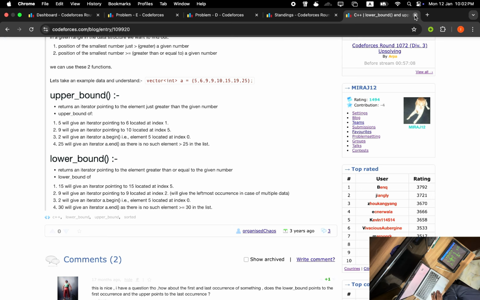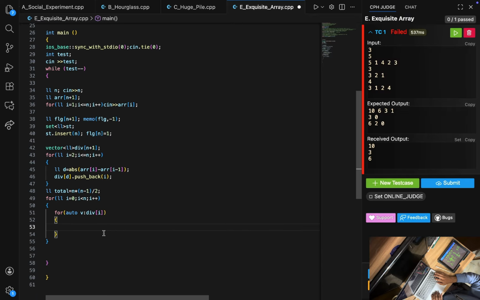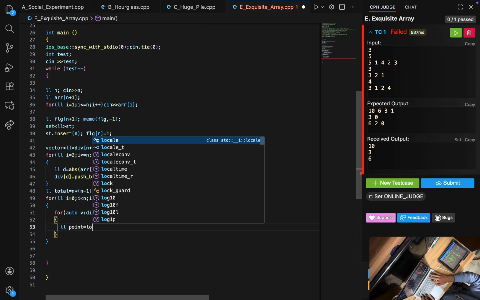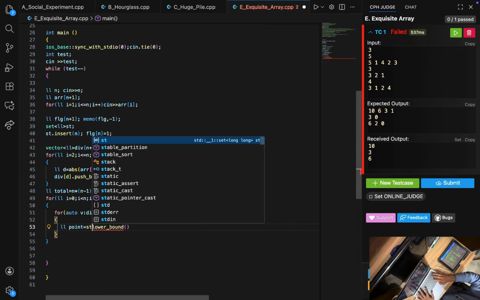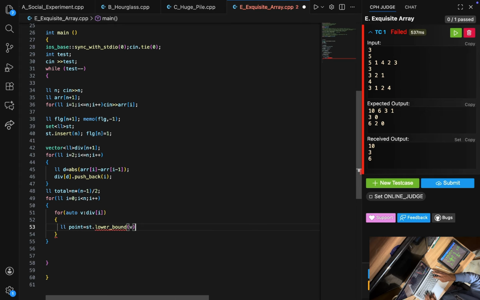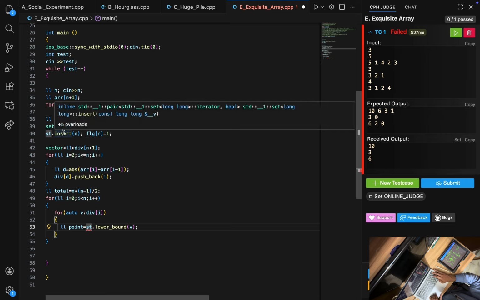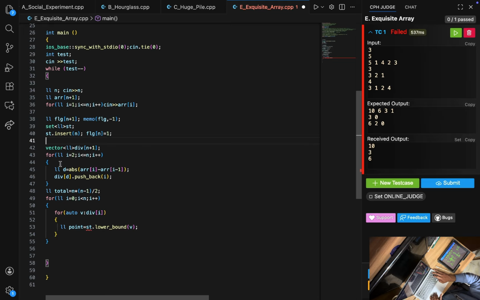Okay, so I need a lower bound. Okay, it's a pointer.